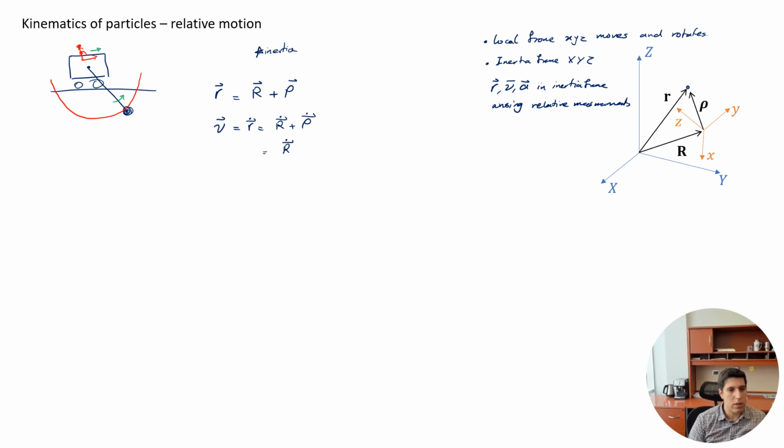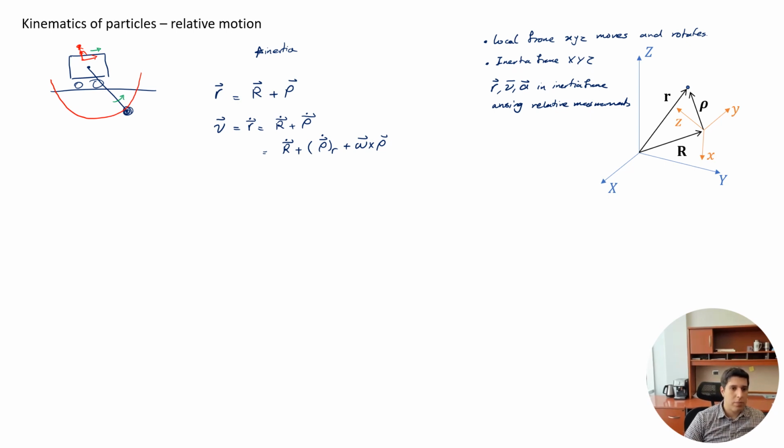It is R dot plus this rho dot is rho dot relative plus omega cross rho. And this omega is the angular velocity of the frame. Rho dot relative is what the observer sitting in the little xyz frame sees.